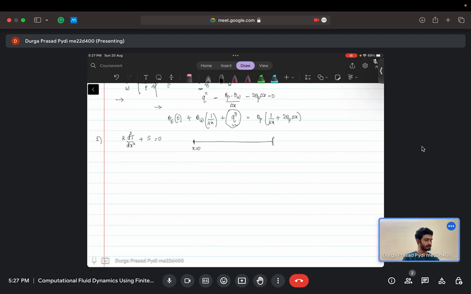This is the right face, x equals L. On the left face, minus k times dT dx, which is my heat flux at x equals 0, is given as H0 into T0 minus Tf, and on the right face, x equals L, it is HL times Tf minus TL.